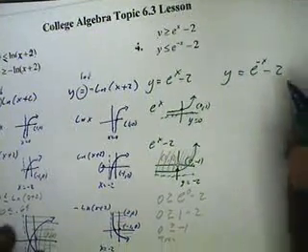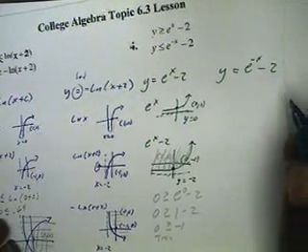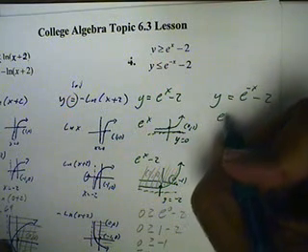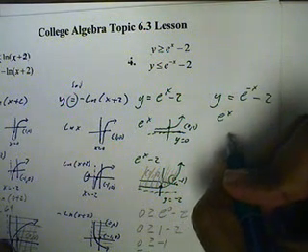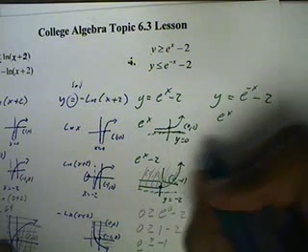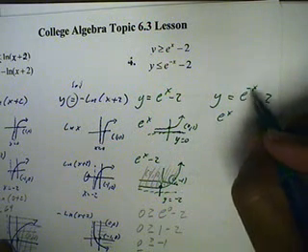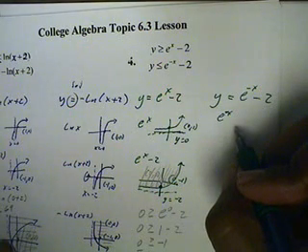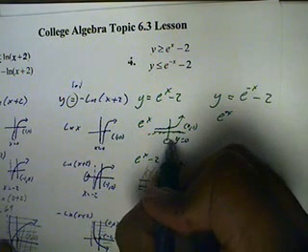Furthermore, we have this portion right here. And e to the x, once again, is this guy right here. And then we'll put on our parameters. First, we'll put a negative here, and that's going to give us a rotation about the y-axis.